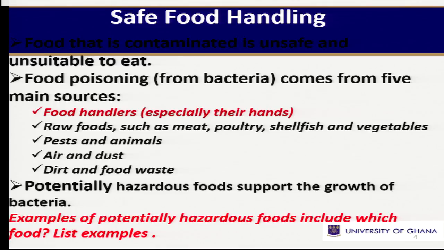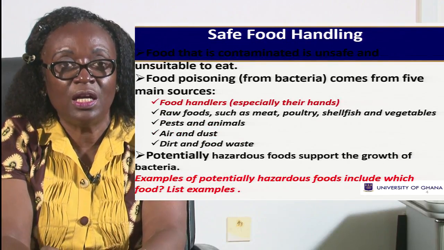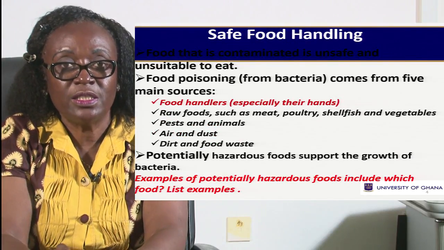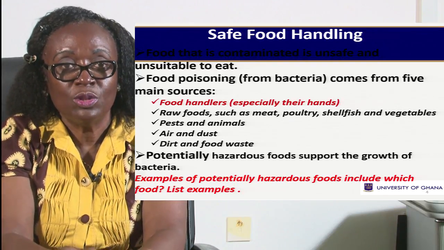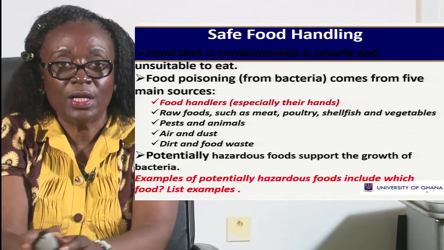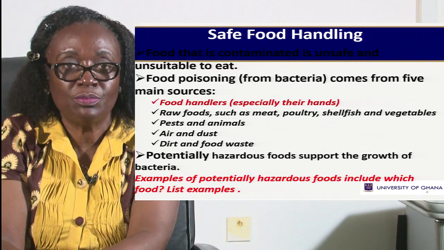Handling raw food and then cooked food, we should understand that cooked food is already cooked and ready to eat. Heat has been applied, and therefore, if there are any pathogens, bacteria and so forth, microorganisms, they'll be killed. But when we handle the cooked one and then handle raw and then come and touch the cooked food, then it means that we are creating problems.